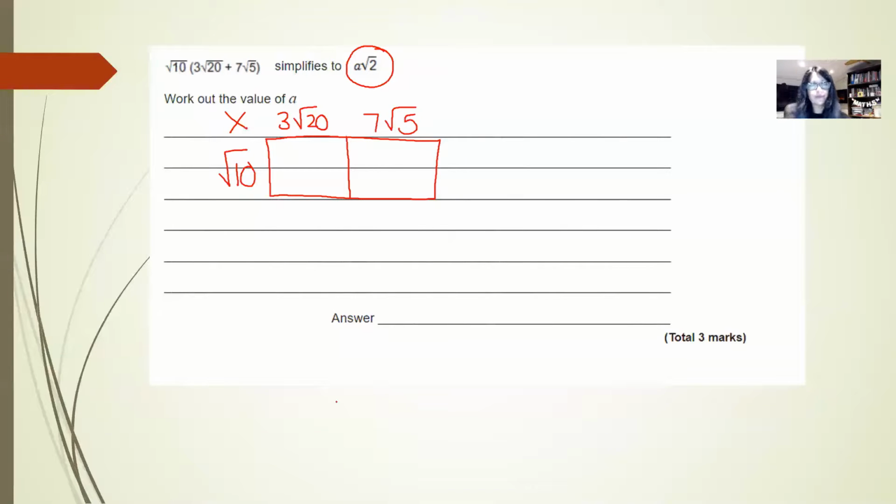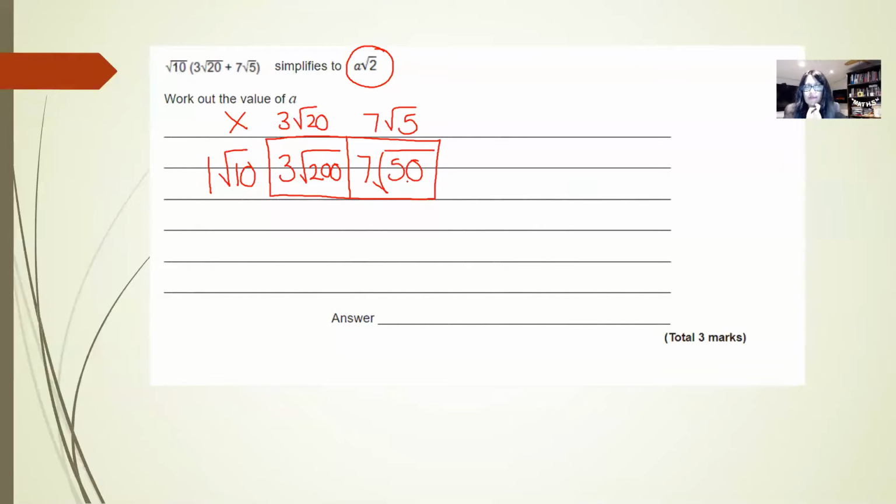Okay, multiply. 1 times 3 is 3. Root 10 times root 20, I'm going to put root 200 for a minute, because 20 times 10 is 200. Again, 7 times 1 is 7. And then 10 times 5 is root 50.